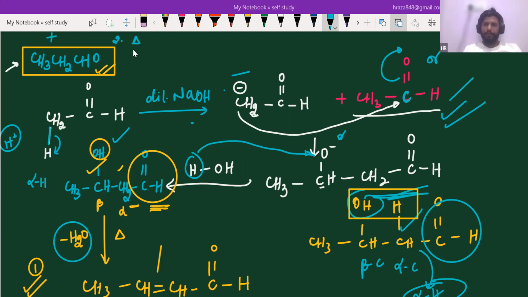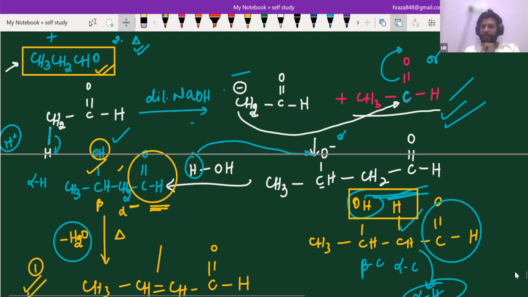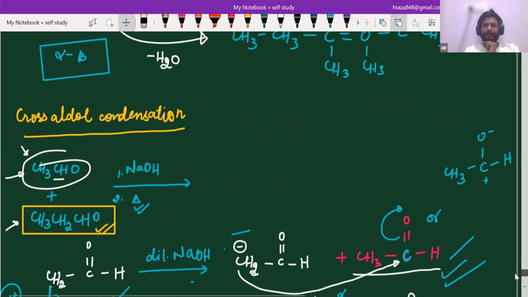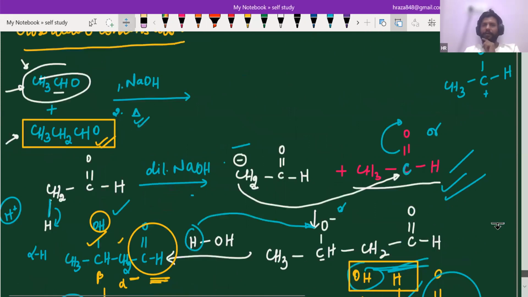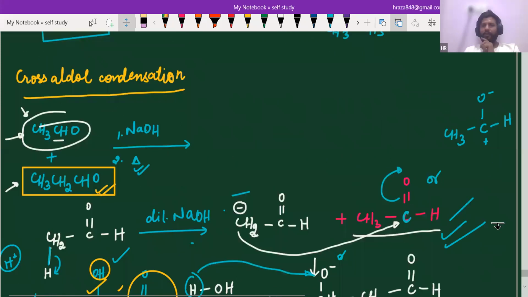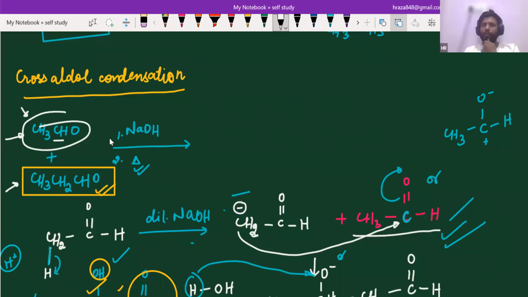Yes. And after this, heat will be there in the second process for condensation. So I have done the first product. Please do let me know if you have any confusion, I will explain it again. We are doing the cross aldol in which we have to do the simple aldol of both reactants, and after that, I will show you the cross.